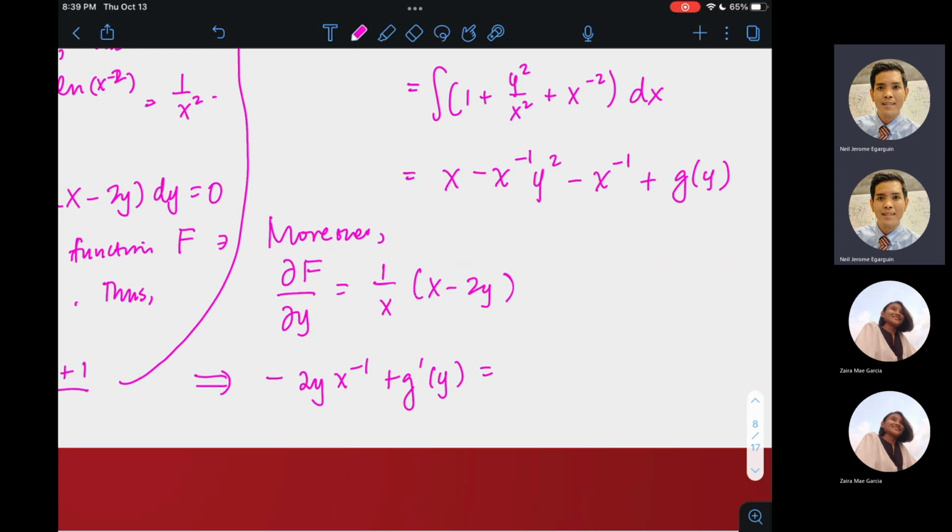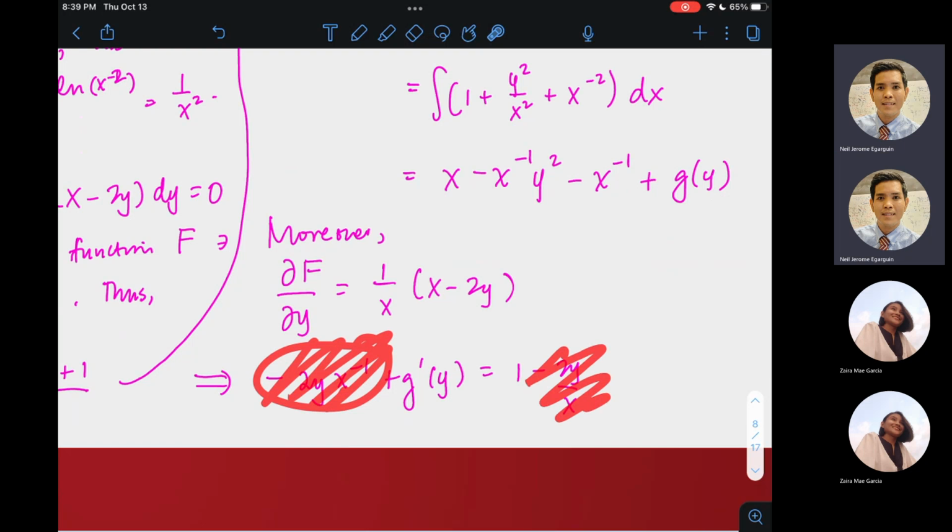Simplify ko lang. Ito ay magiging 1 minus 2y over x. Okay. But 2y over x is the same as 2y x to the negative 1. So I can add this guy to both sides. Actually, hindi pala i-add. Magsusubtract ako both sides by this guy. So this will be canceled by that one. Okay?